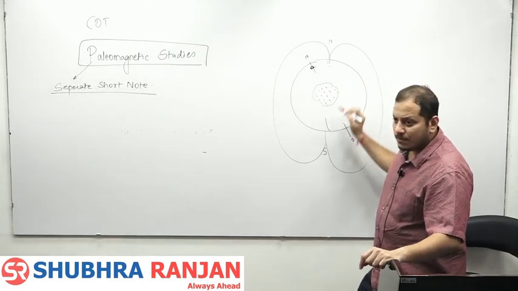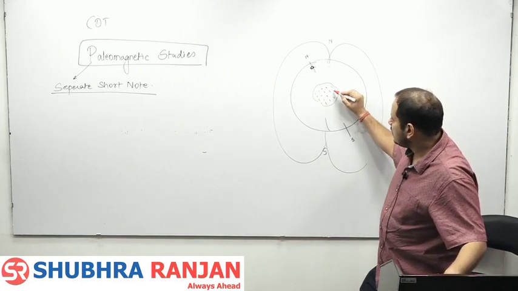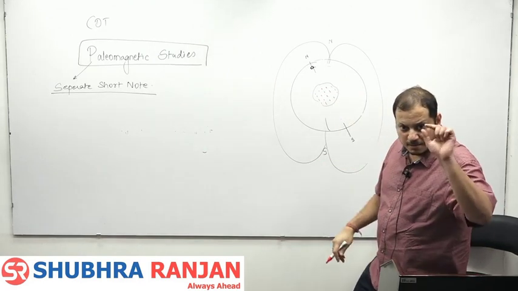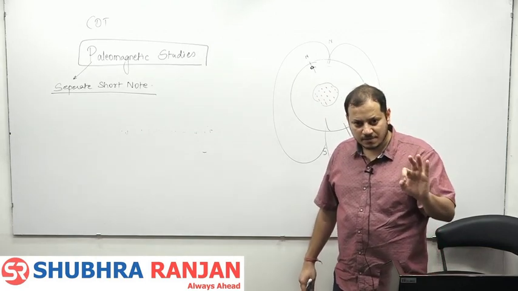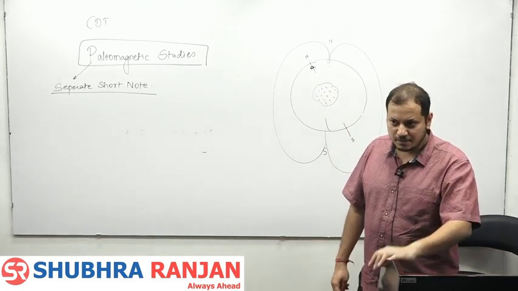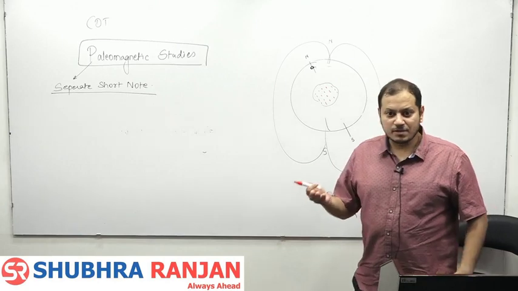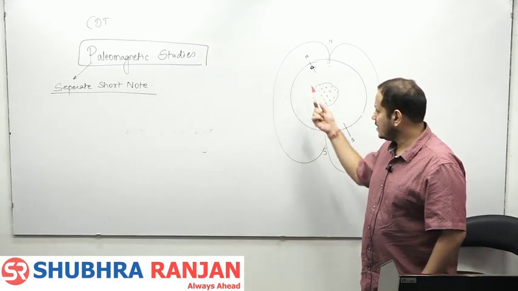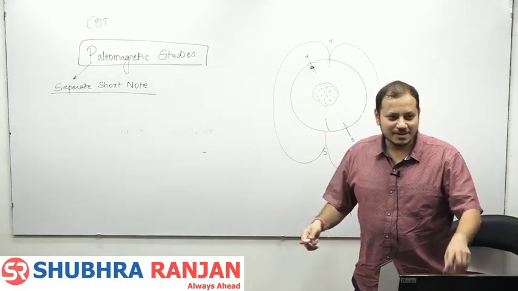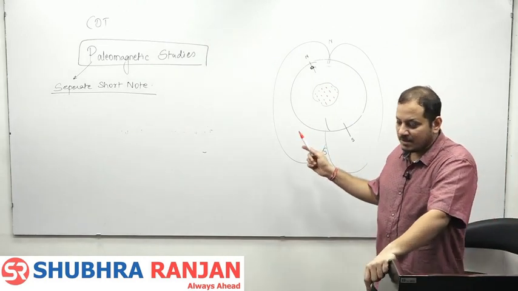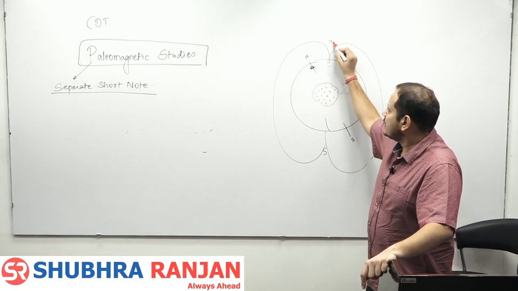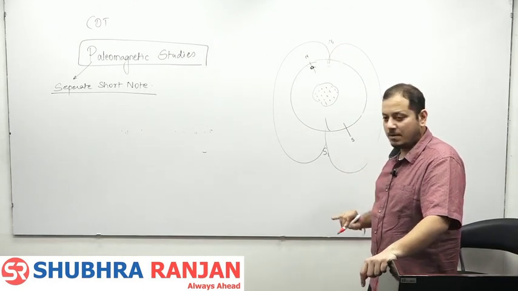Then over a period of time, suppose this was formed 1 lakh years before, by radiocarbon dating we can study the age of the rocks, and when we study the age of the rocks, we study the direction of the metallic minerals. If it is in this direction, that means at that time the magnetic pole was in that particular direction. Now suppose after some years this becomes the magnetic pole.